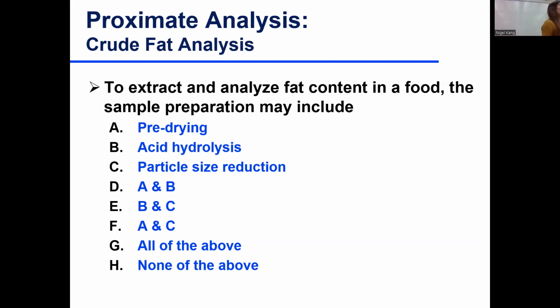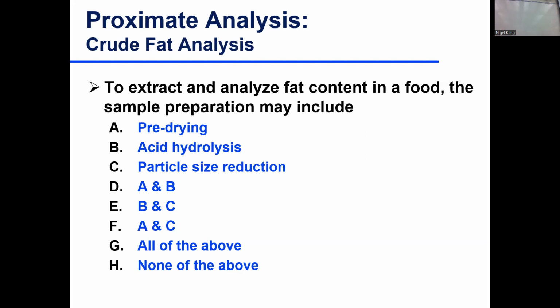If you have a grain, if you have a non-homogeneous sample, you need to grind it, to mill it, or anyways, you need to make it homogeneous in terms of shape and size. Size reduction also provides higher surface for extraction.